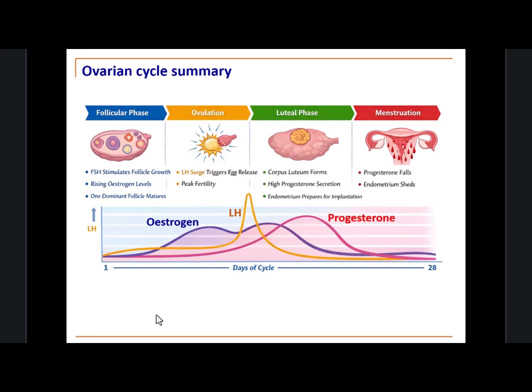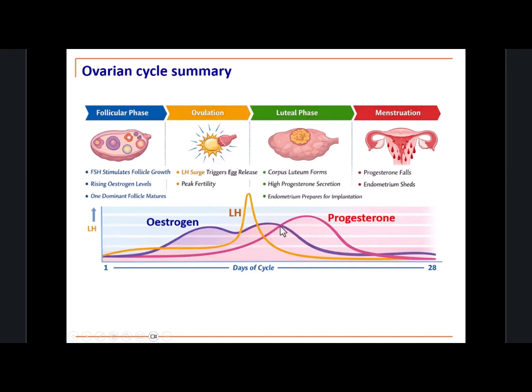The LH triggers the egg release. So you can see in this image the estrogens going high, the LH surge, and that LH surge triggers ovulation. LH also triggers the formation of the corpus luteum, which is now secreting high levels of progesterone.